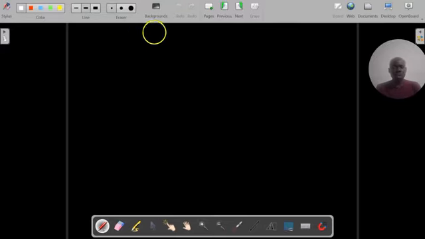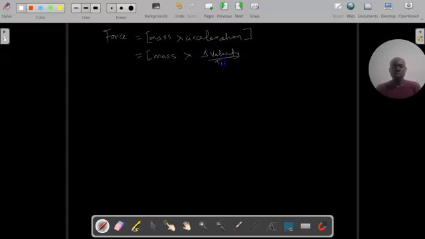Still on dimension, let's look at the dimension of force. We know that force is mass multiplied by acceleration. Don't forget, it must be in square brackets. Mass is already a fundamental quantity, but acceleration will be change in velocity divided by time.